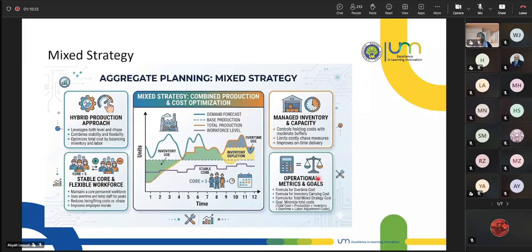And then we have holiday overtime, which is overtime on Saturday or Sunday. And we also have the option of subcontract. And then we also measure the production capacity and the production efficiency. Basically we try to identify the idle time and also the quality rate of the product.